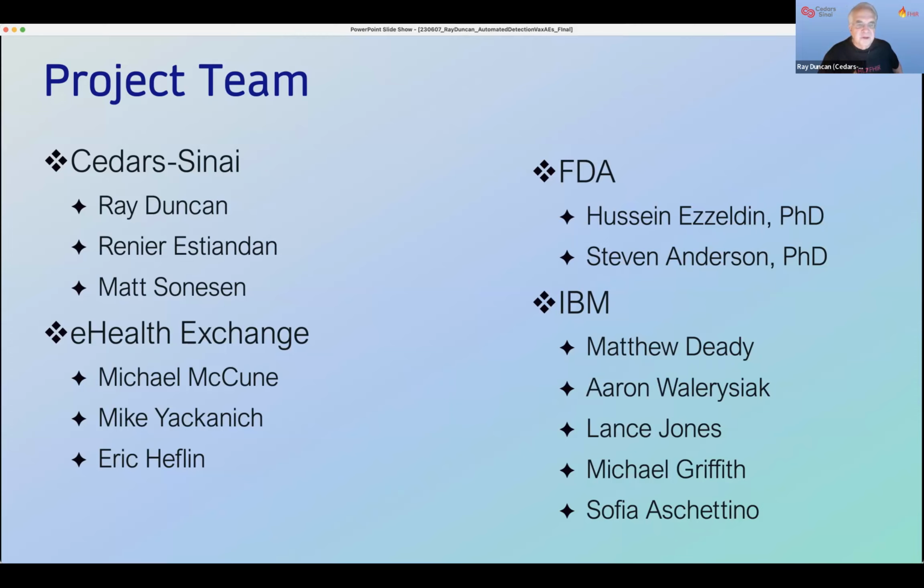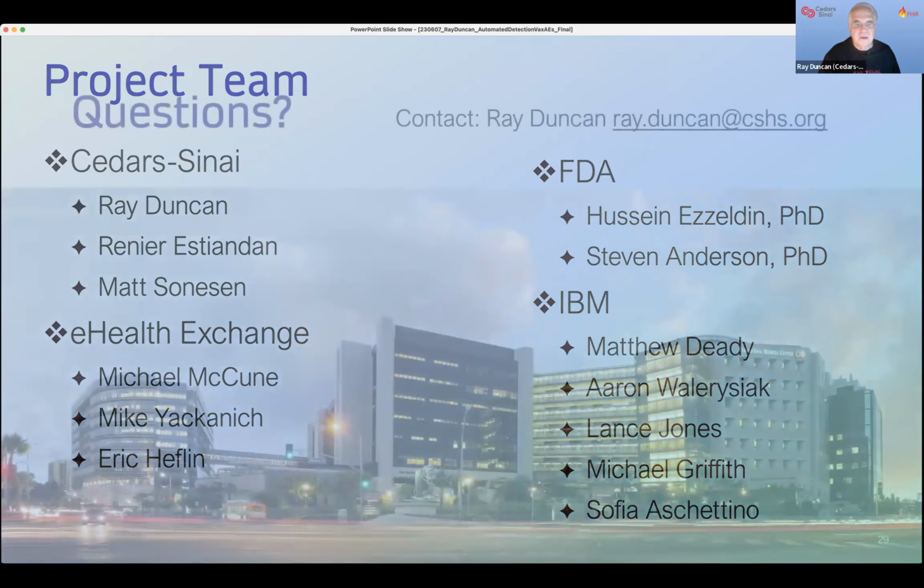And they've all worked together with us really well. The 2 people on my team that have done the bulk of the work are Renee Estiandan, who's really a systems integration wizard and got into FHIR early and is very experienced with FHIR at this point, and Matt Sonneson, who is an expert in databases and queries and reporting environments, and just generally a wonderful guy and can solve any problem.